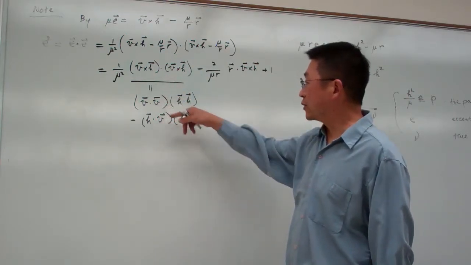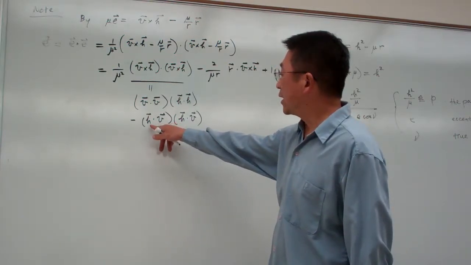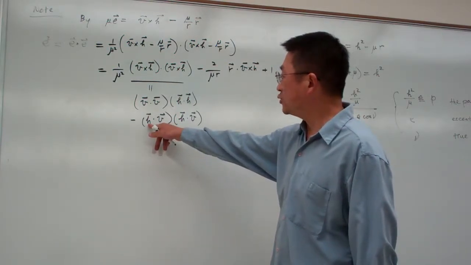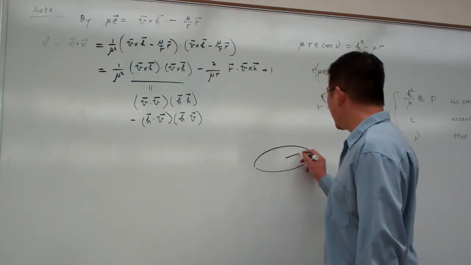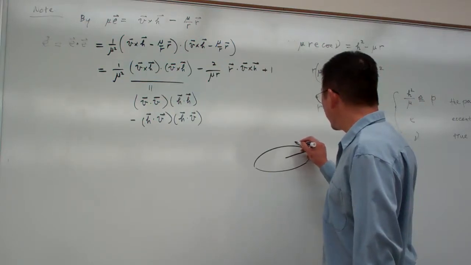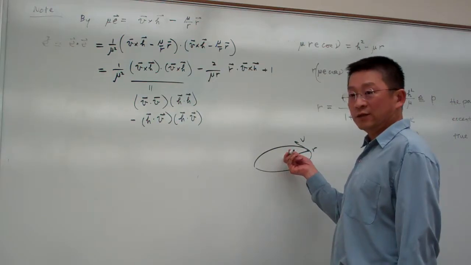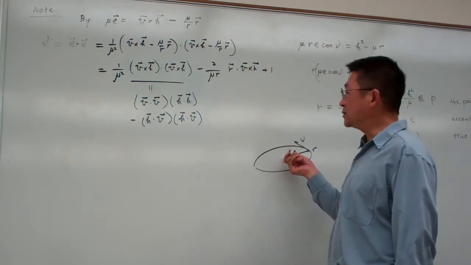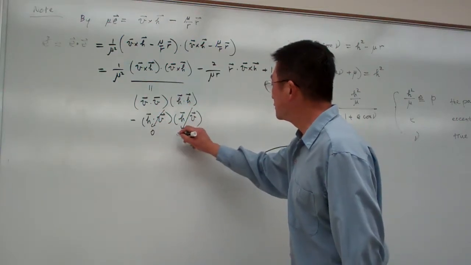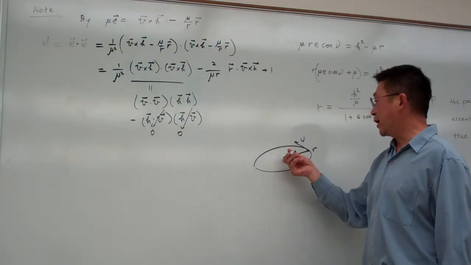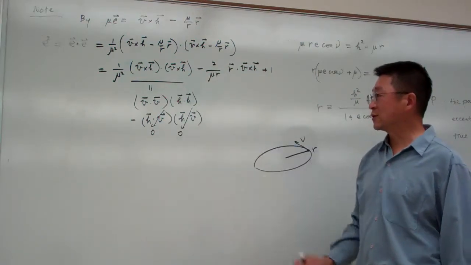H is the vector out of the plane: this is the orbital plane, this is R, and this is the velocity V. So the H dot V term is always equal to 0, making the second term equal to 0.